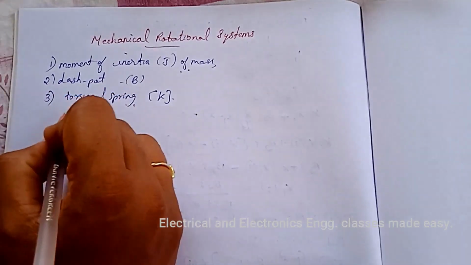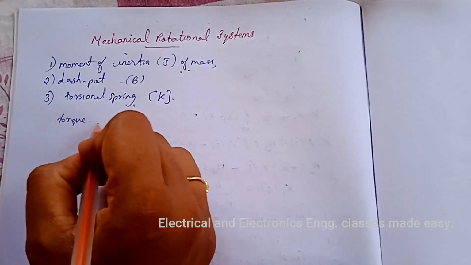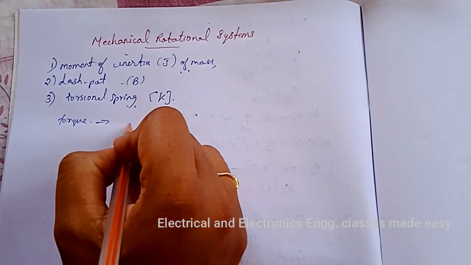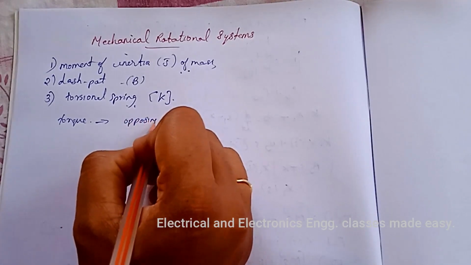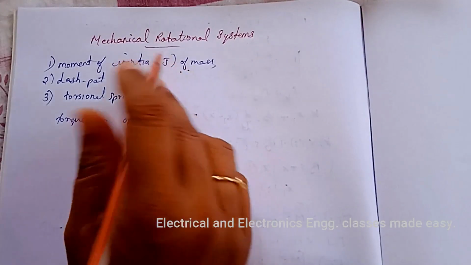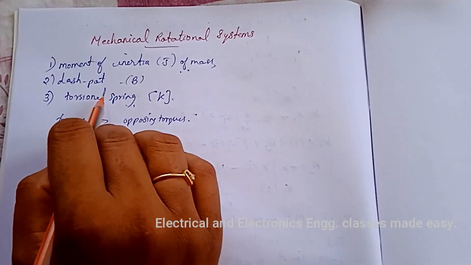When a torque is applied to a rotational mechanical system, it is opposed by opposing torques. So there will be opposing torques due to moment of inertia, friction and elasticity of the system.